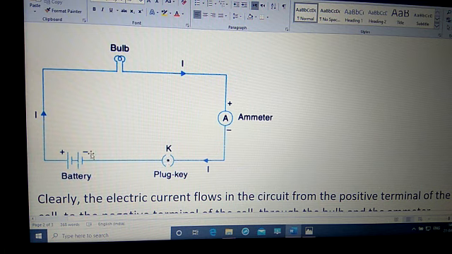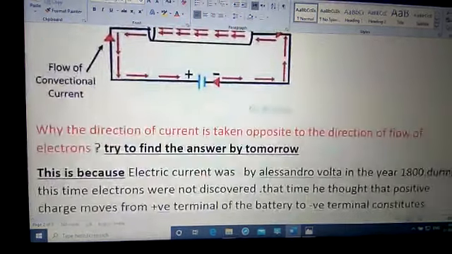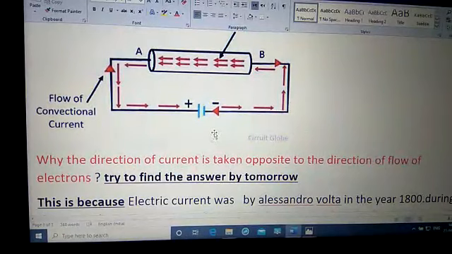But so far we have studied that electric current is nothing but flow of electric charges. The flow of electric charges constitutes electric current. And these electrons are flowing from the negative terminal of the cell or battery to the positive terminal of the cell. Okay.